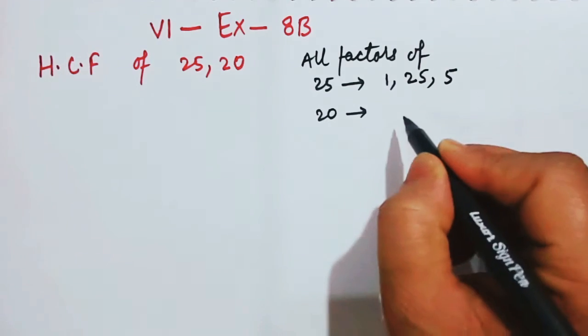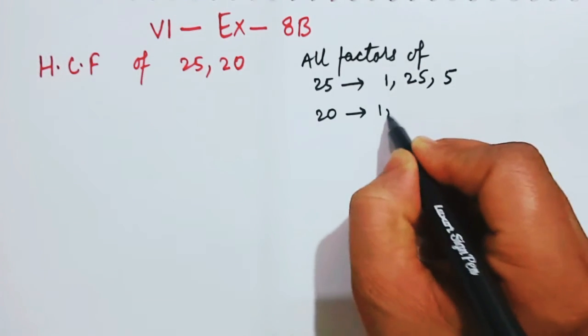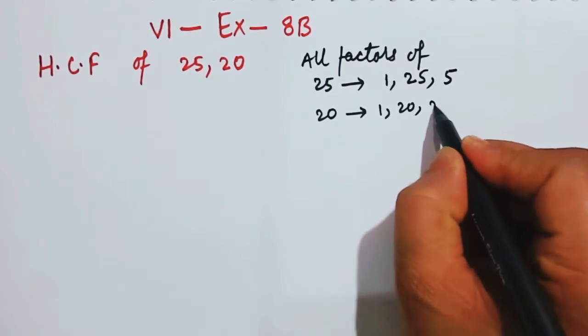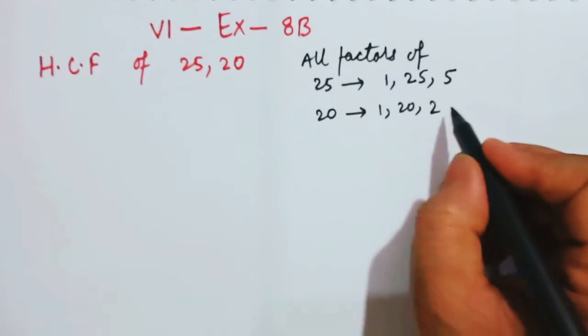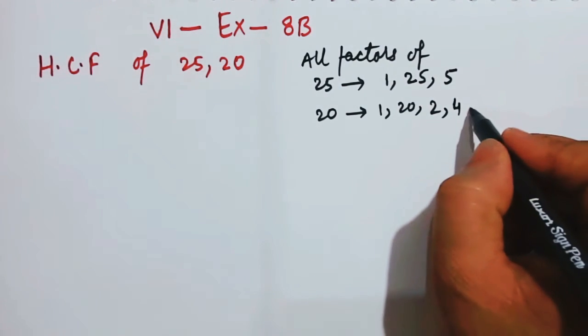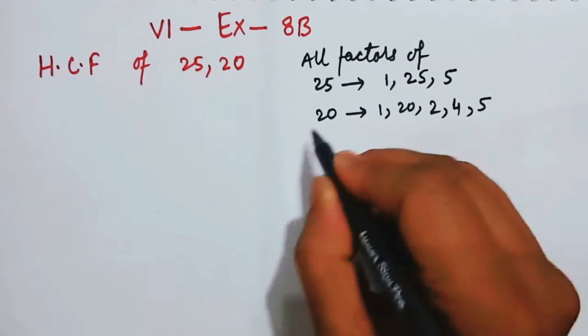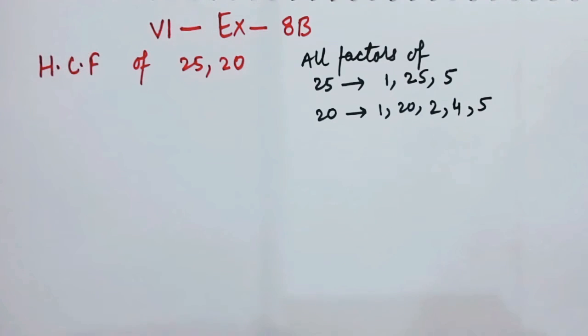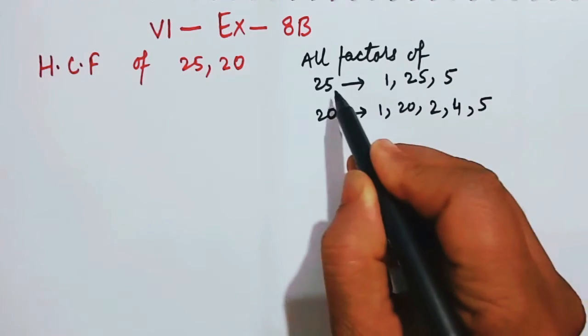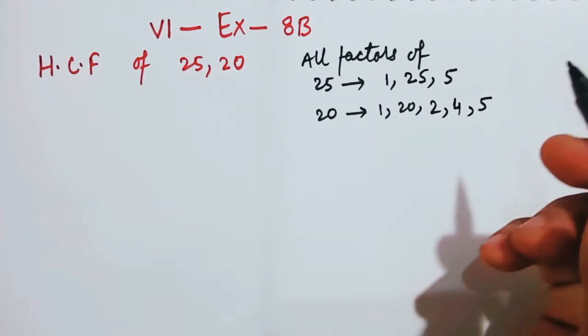The factors of 20 will be 1 and 20. Then 2 can divide 20, then we have 4 which can divide 20 completely, and 5 also can divide 20 completely. These are the factors of 25, and these are the factors of 20.